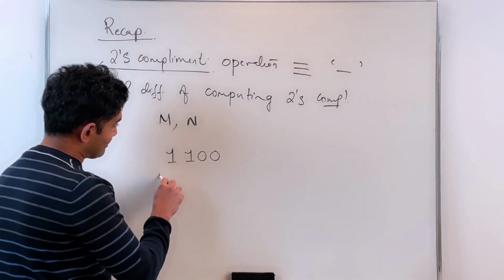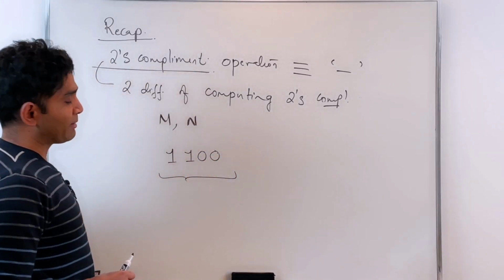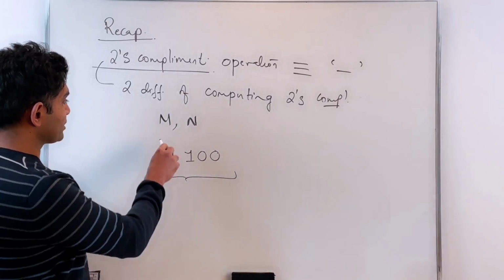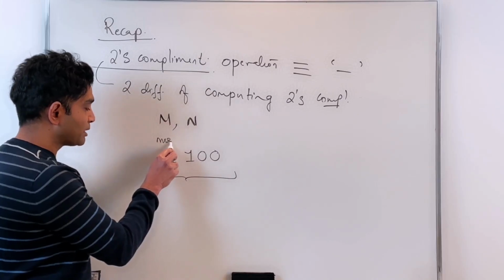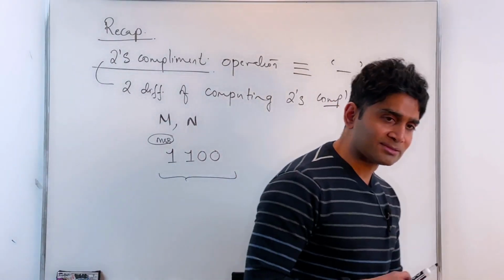Because I mentioned that this is a signed number, by looking at it I can tell that this is a negative sign, because the most significant bit, even in the 2's complement approach, still represents the sign.